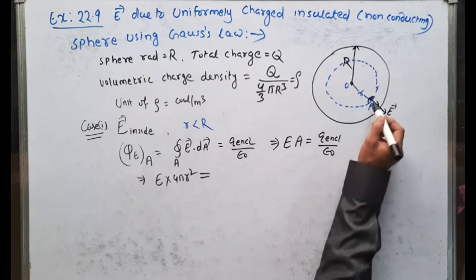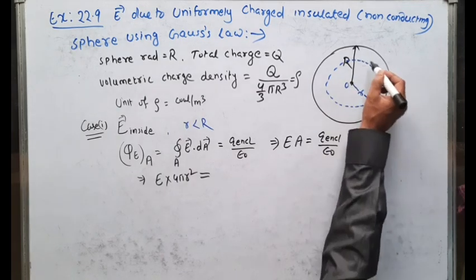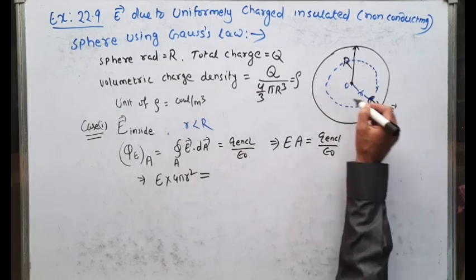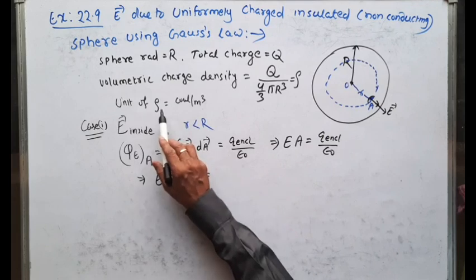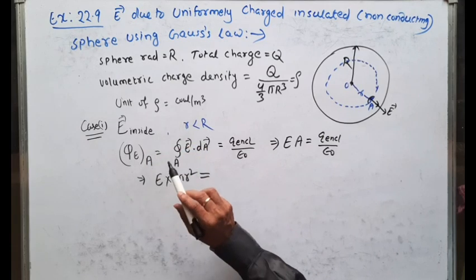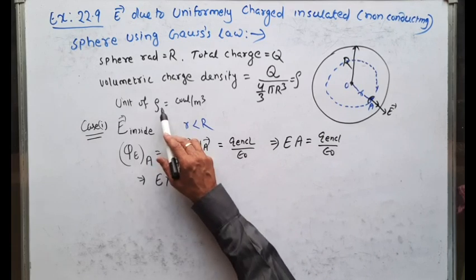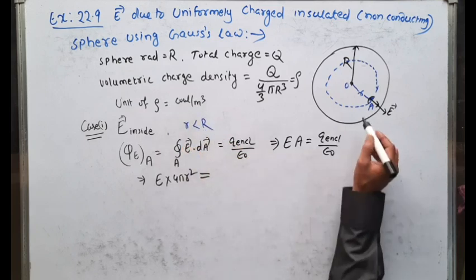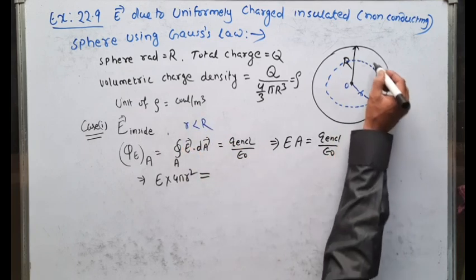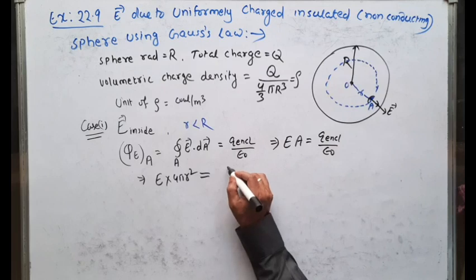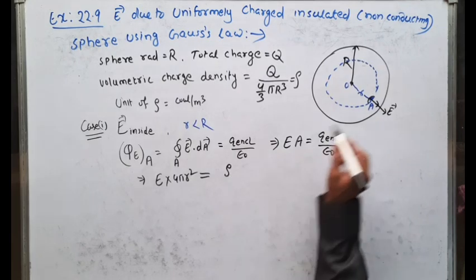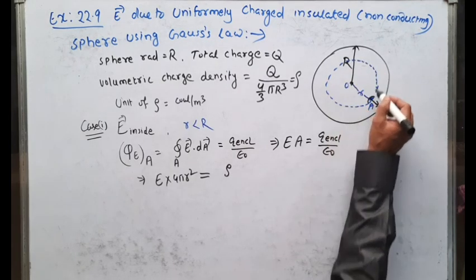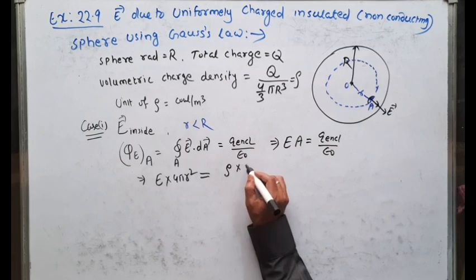So what is the charge enclosed by this Gaussian sphere? You know rho is the volumetric charge density, that is, charge per unit volume. So the total charge within the Gaussian sphere is charge per unit volume times the volume of the Gaussian sphere.